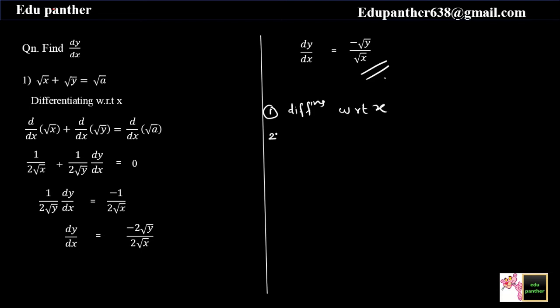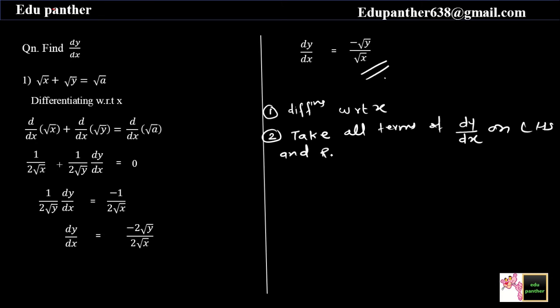Second step will be, take all terms of dy by dx and write them on the left hand side, and the remaining terms on the right hand side. Using these two steps, we can find dy by dx in case of an implicit function.